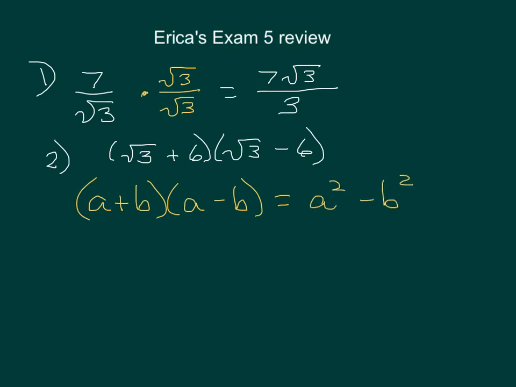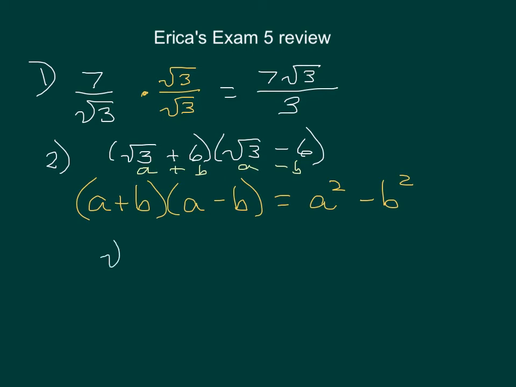You should have learned that formula before, only before you learned that a squared minus b squared equals a plus b times a minus b. So, if you notice that something is of the form a plus b, a minus b, then you can apply this formula, and your answer would be a squared minus b squared.